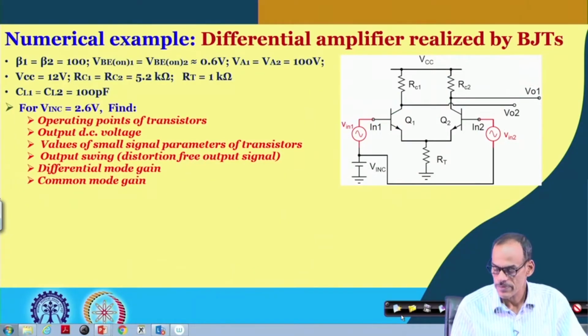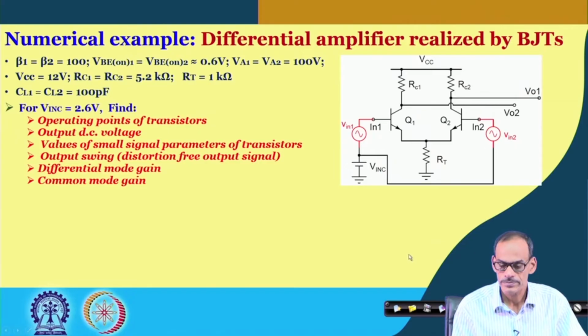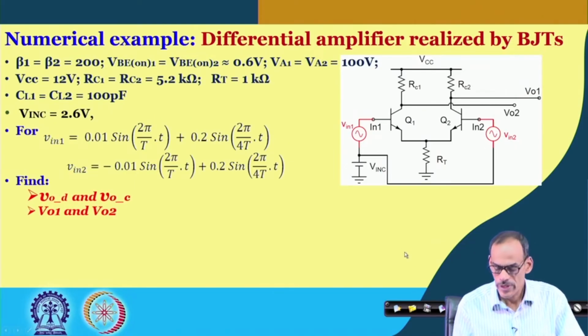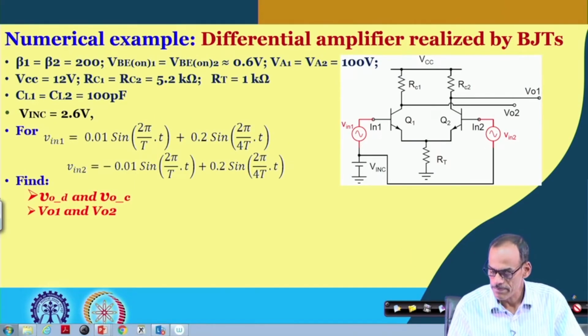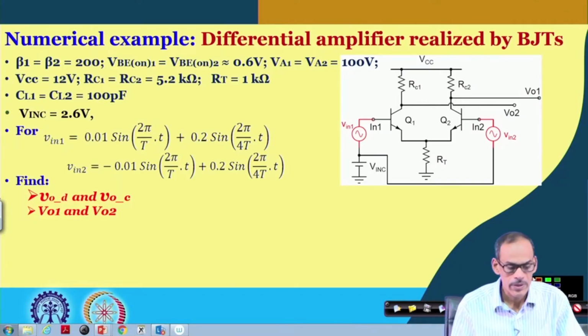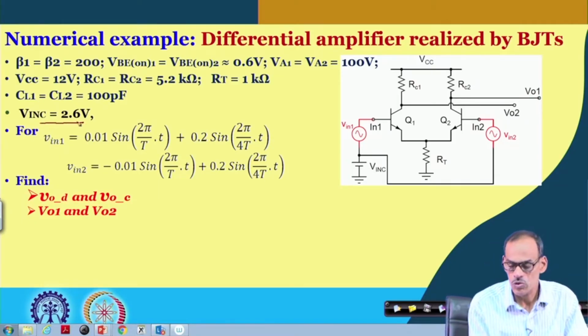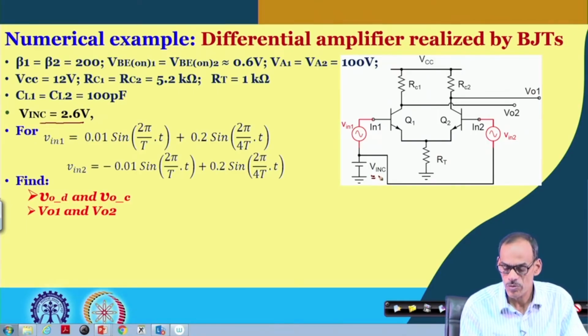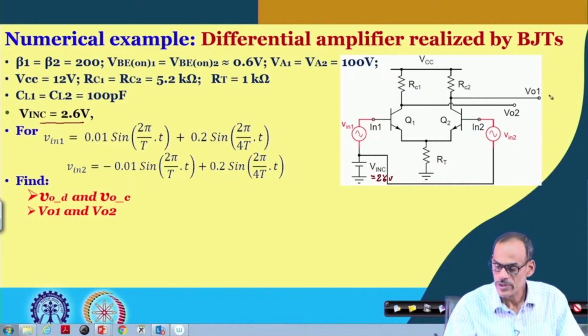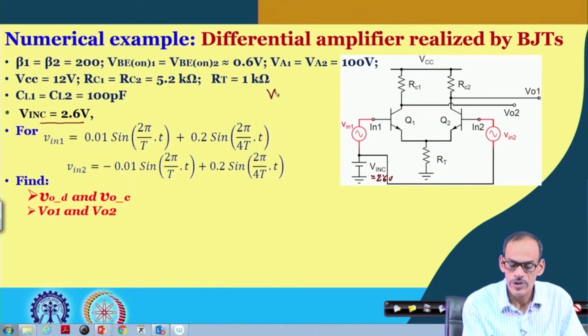So, in the next slide, we are keeping the operating point same, namely we do have V in C equals to 2.6 volt, and that gives whatever the operating point we obtain, and we know that DC voltage wise VO DC equals to 12 minus 5.2.